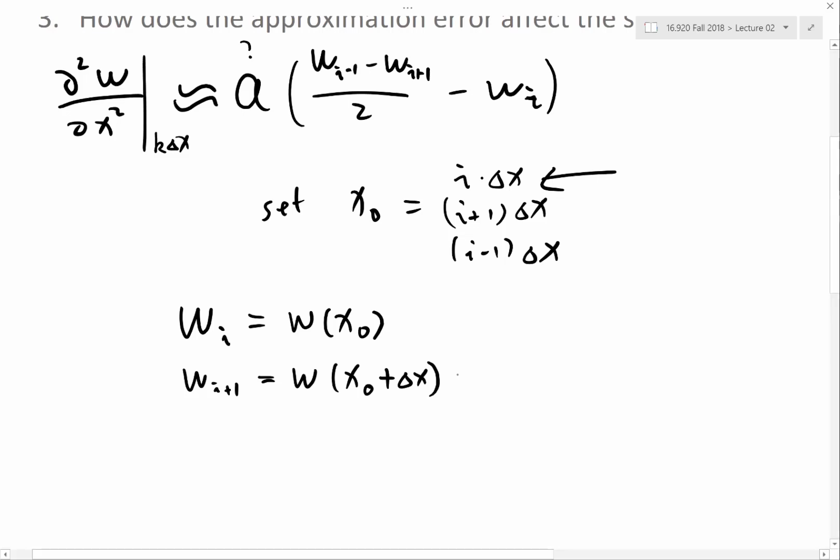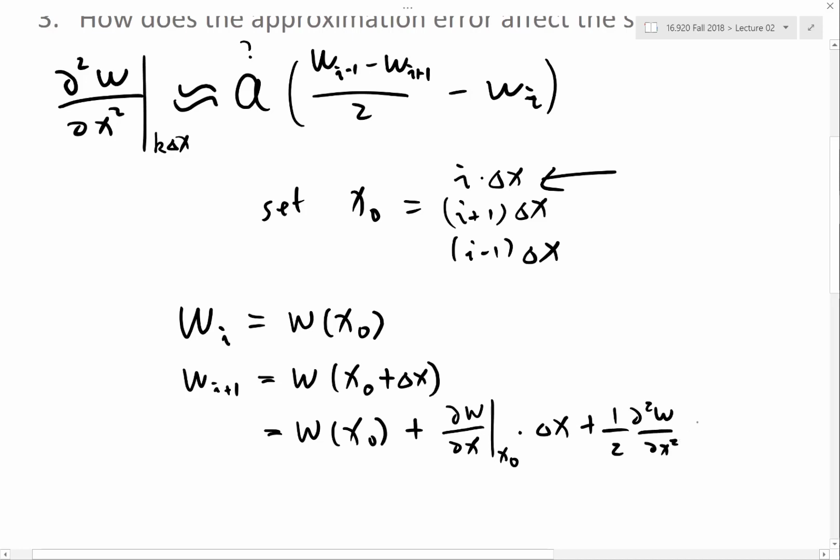So that is represented as W at x0, plus the partial derivative at x0 times delta x, plus half of the second order derivative times delta x squared, plus etc. Let's ignore the later terms for now; we will have to keep more if we want to know more about the scheme.